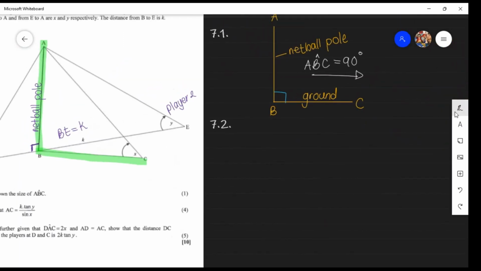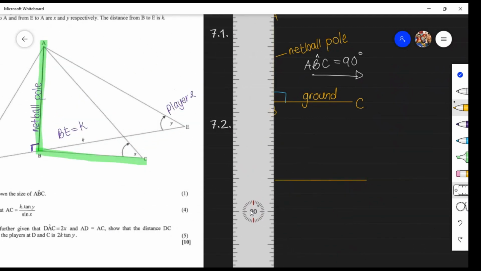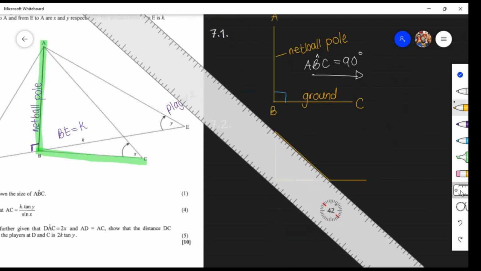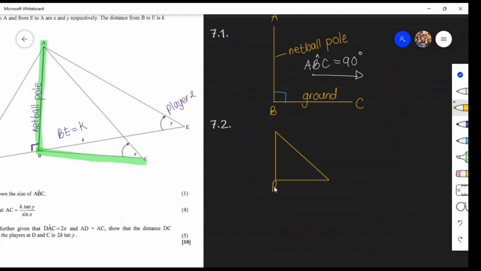So we'll start by drawing the triangle ABC. So we have B, C, and A, keeping in mind this is 90 degrees. We need to find the side AC, and what is known? We know that this is X. So how can we now use this to find the side AC, as we do not have many values? So let us see.